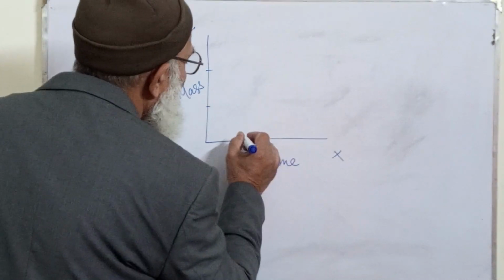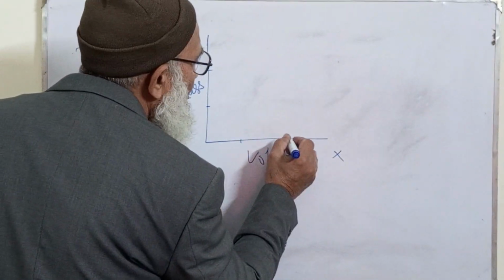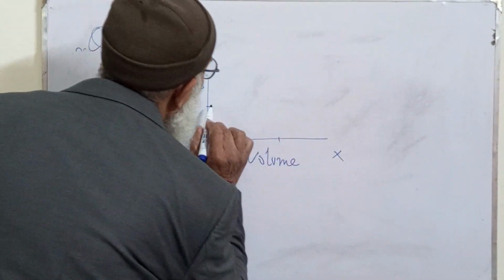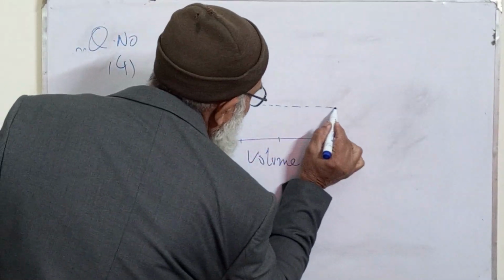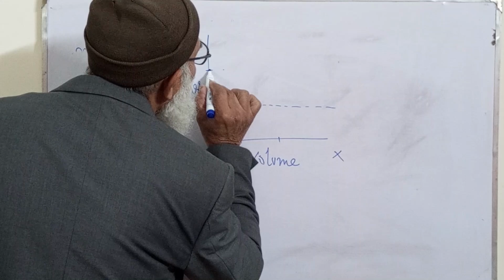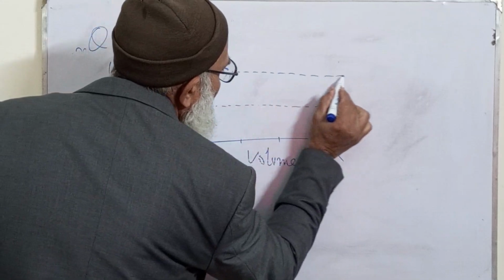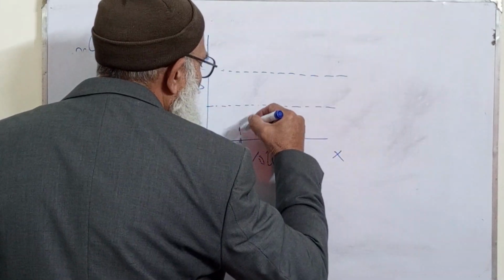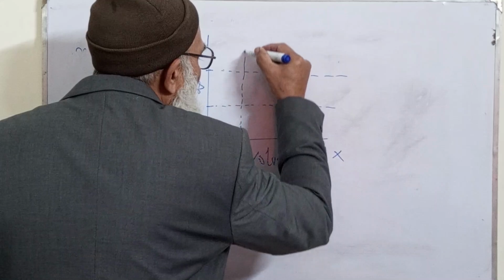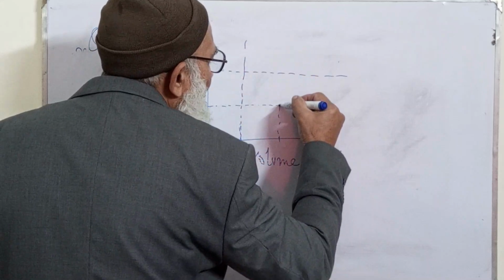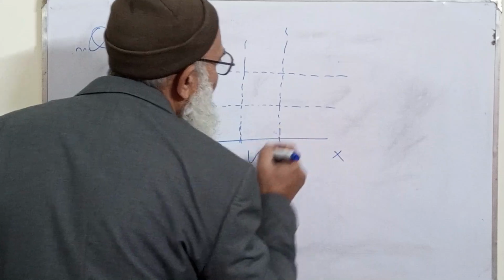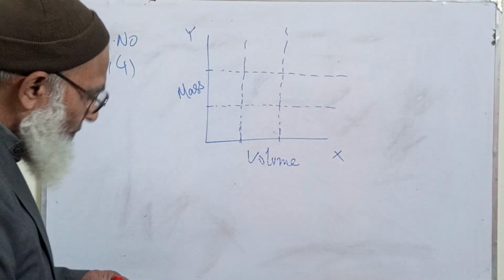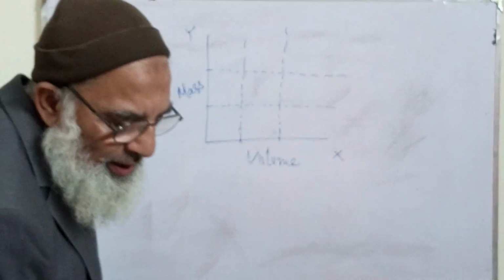It is only 2 from here to here and from here to here. Now this is the grid, and 3 products are given.